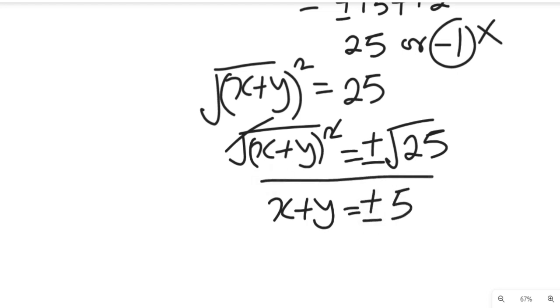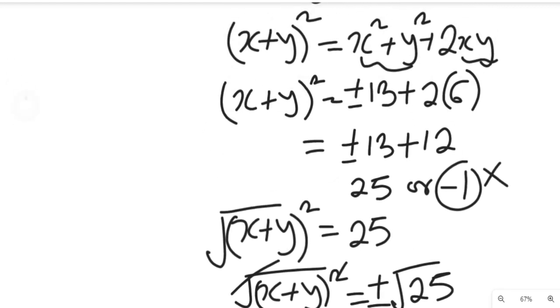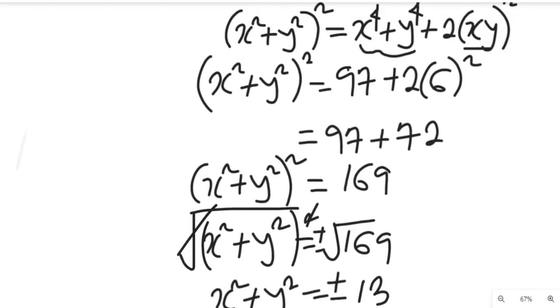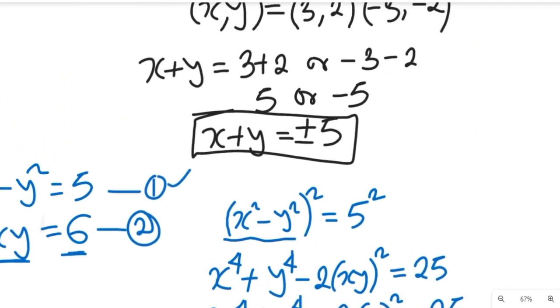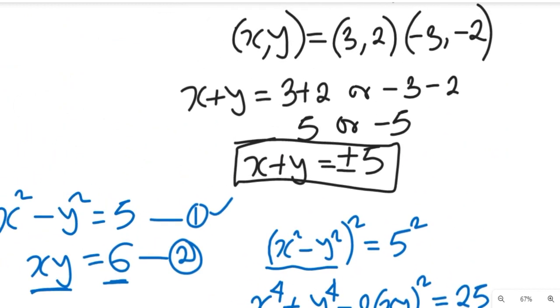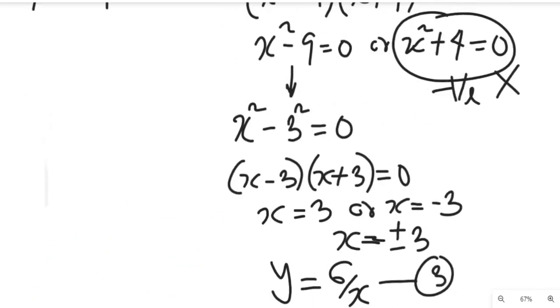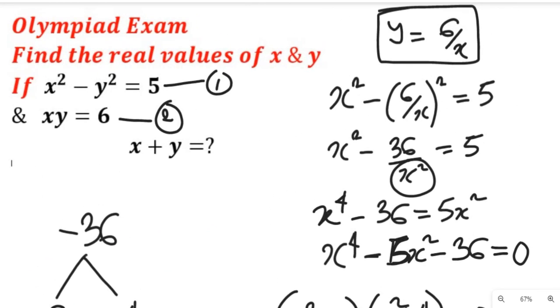So we'll see that the value we get for x plus y is exactly the same value we got when we used the other formula. So we see that with these two methods, we are able to solve this question that was given to us.